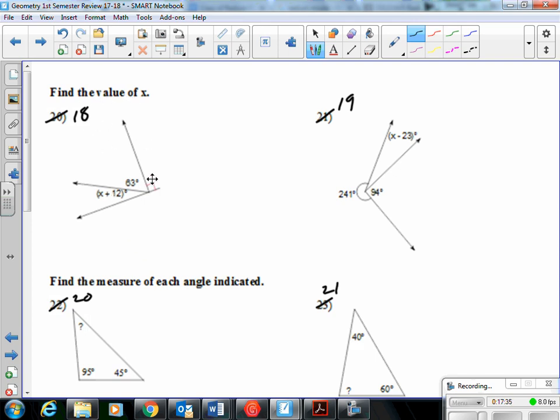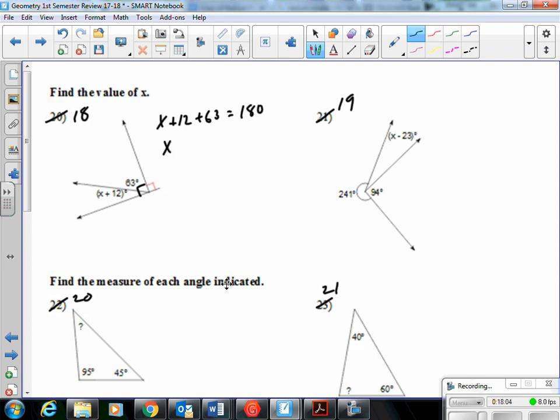All right, so we look here, we have a right angle marked here, red box. So that means that the other side of that intersection should be a right angle as well. And so to solve for X, we know that these two angles combined should equal 180. So X plus 12 plus 63 should equal 180.